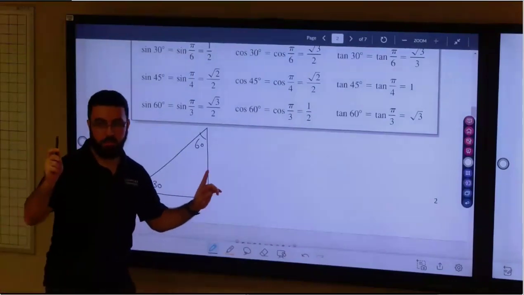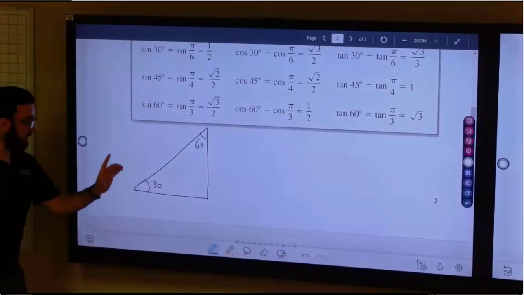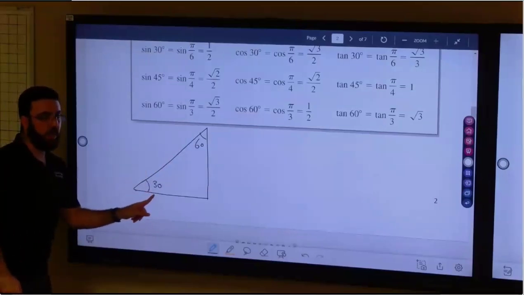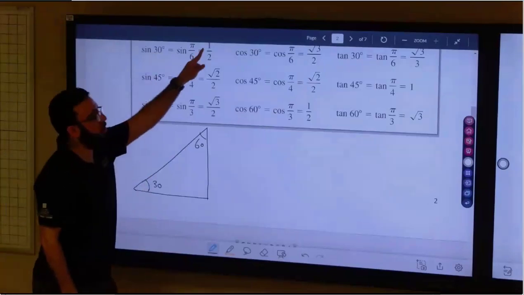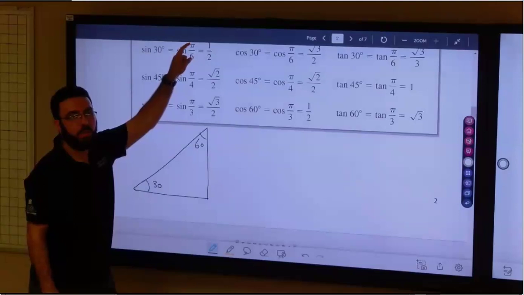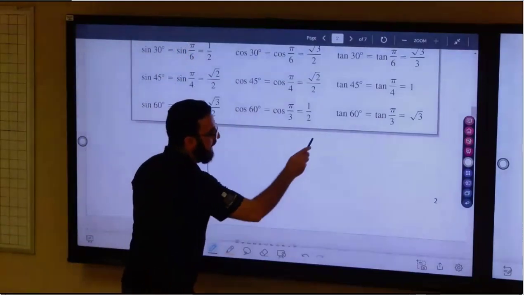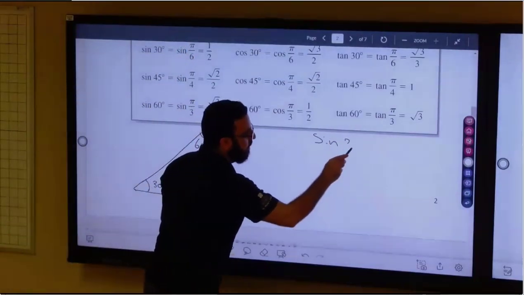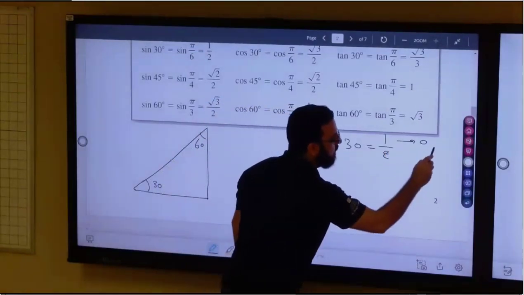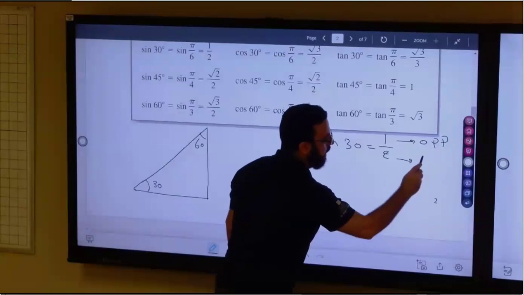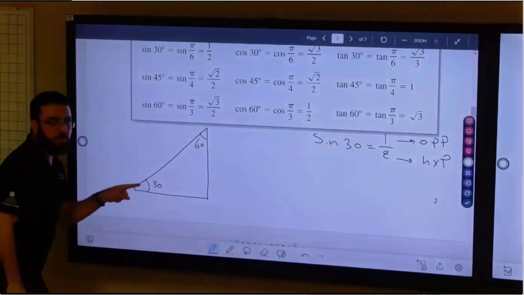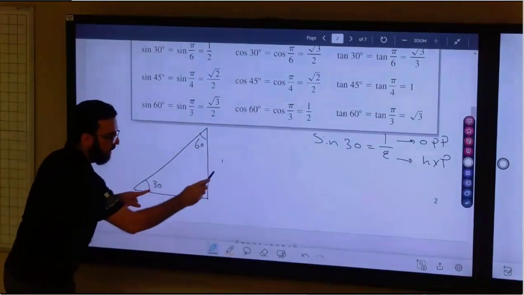You get the point? So now, if you put theta here, sine theta is 1/2. Sine is opposite over hypotenuse. 1/2. This is the opposite. Where is the opposite for theta? Here.